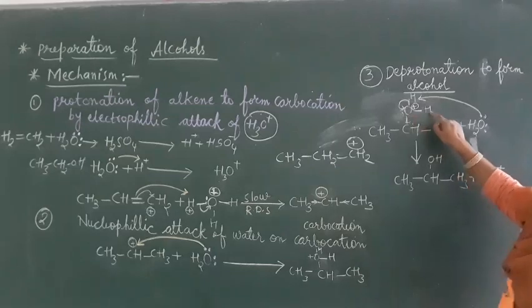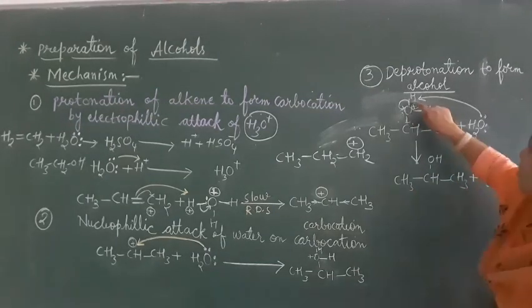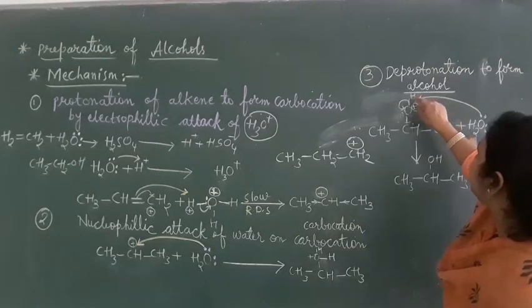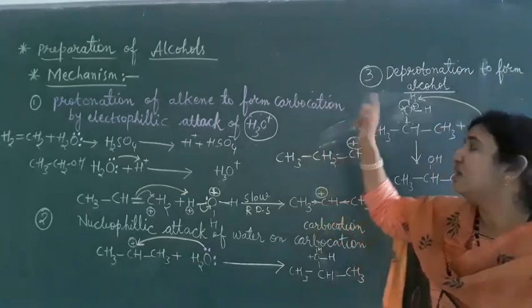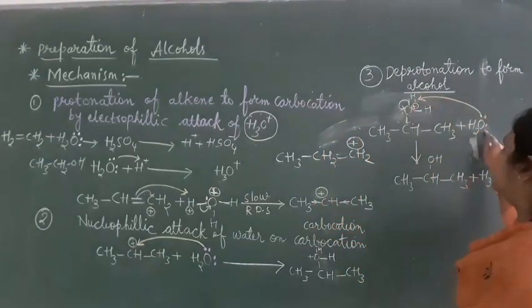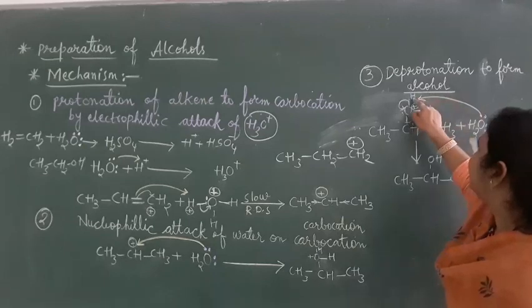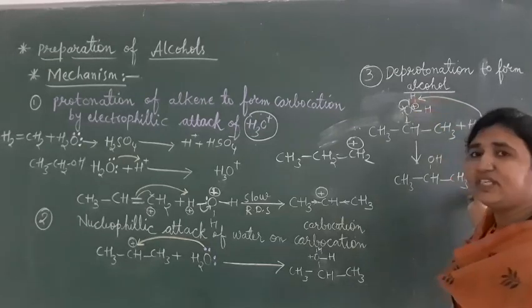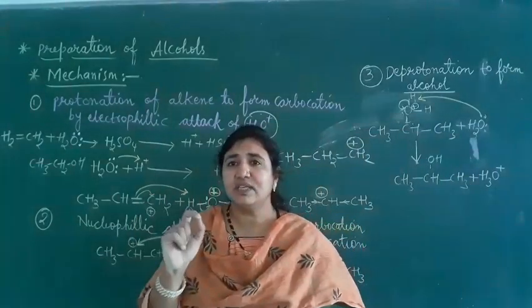So it converted into CH3CH(OH)CH3. Now this hydrogen has been removed as H plus. Who will take this H plus again? This water will take this H plus and convert into H3O plus. That means this acid is used as a catalyst.